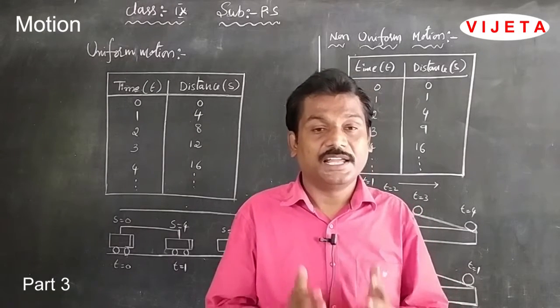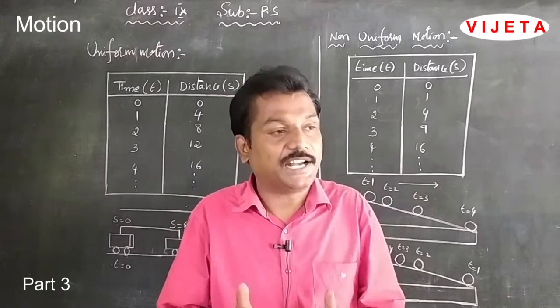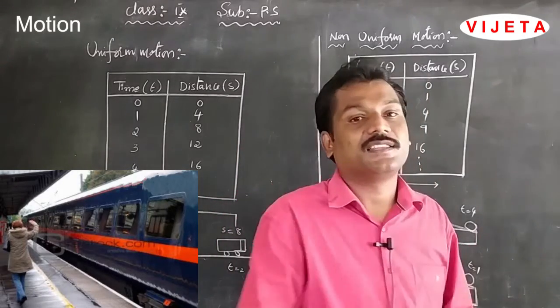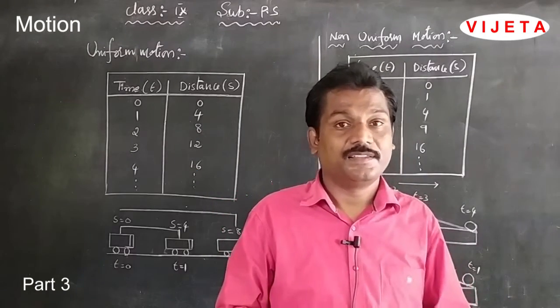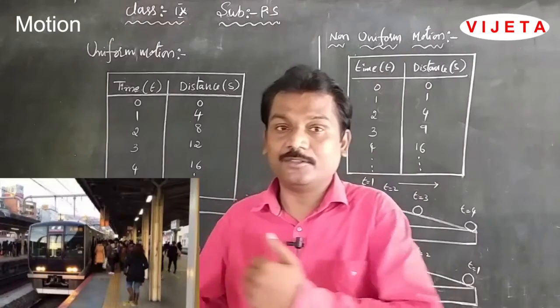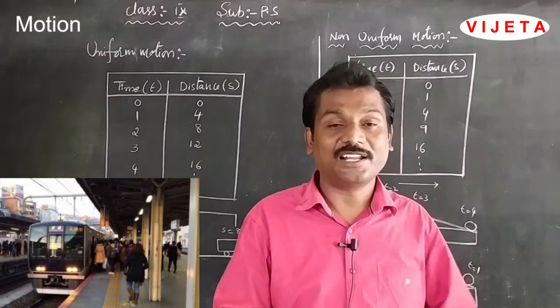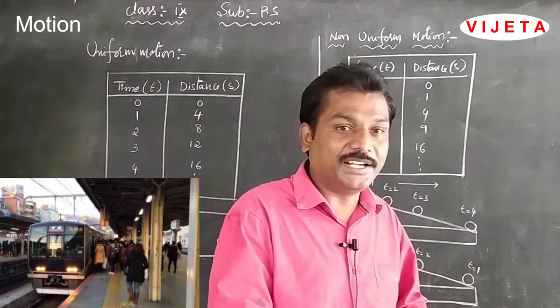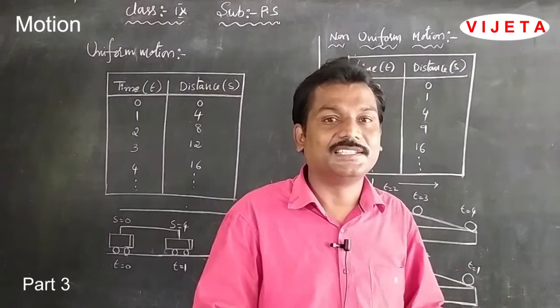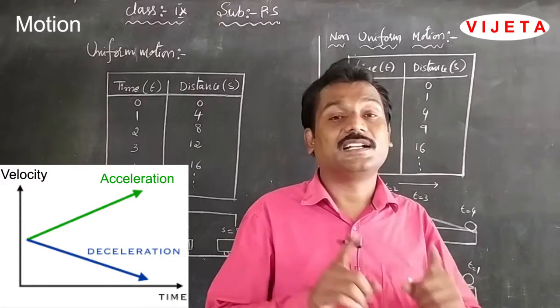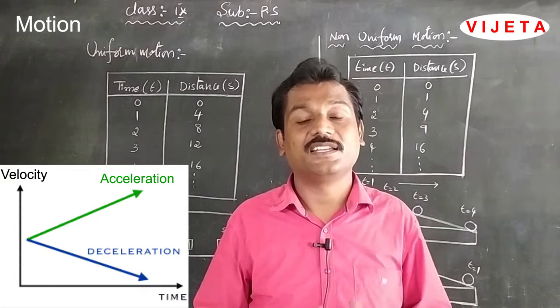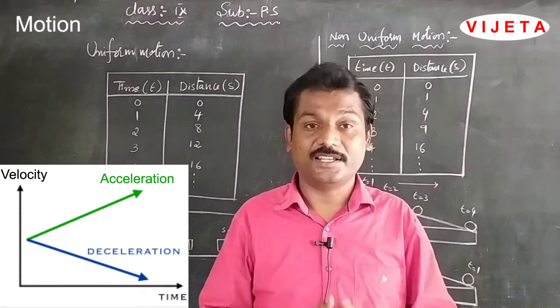For example, a train which starts from the station and gradually its speed increases is traveling with positive acceleration. Then when the same train is coming to the station, gradually its speed or velocity decreases. Here we can say the train is traveling with negative acceleration. That negative acceleration is called deceleration or retardation.